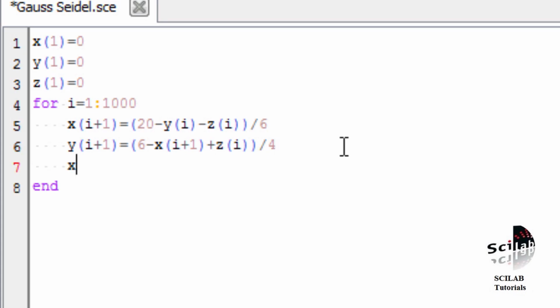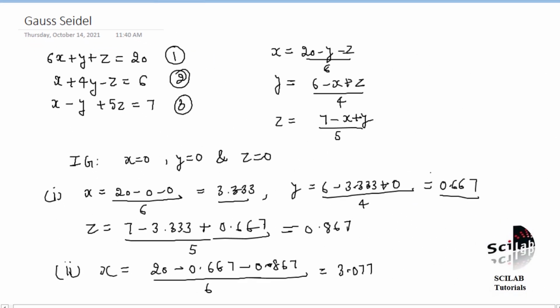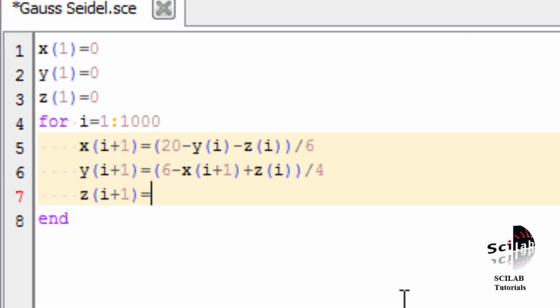Now z of i plus 1. So when we calculate the latest value of z, we will use this equation. We have calculated 7 minus x plus y divided by 5. What are the most latest values available to us?